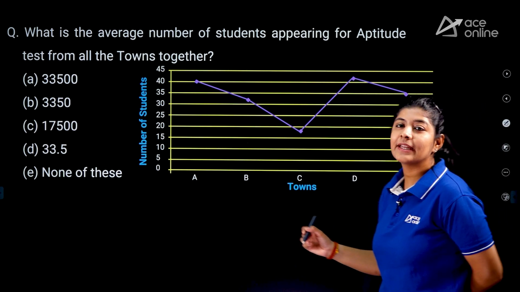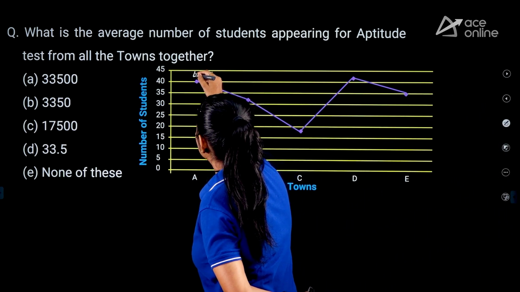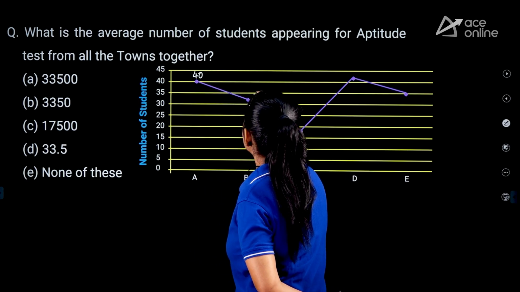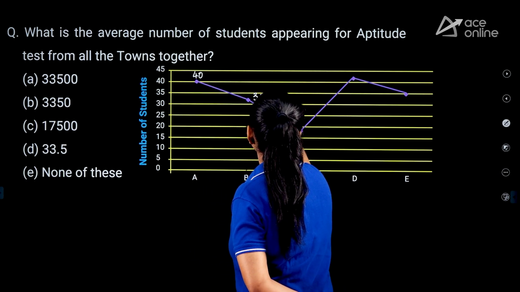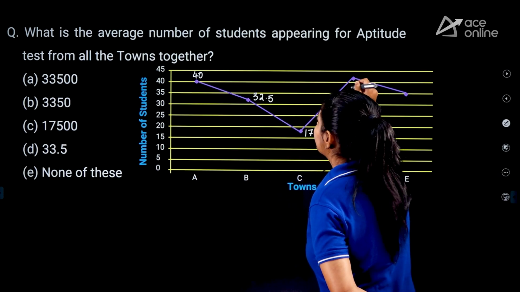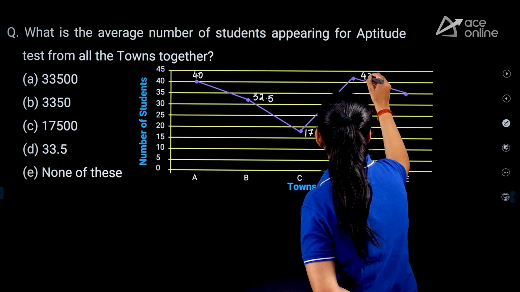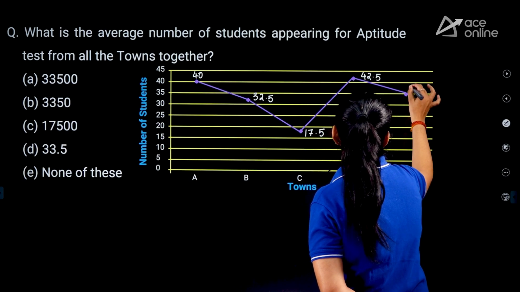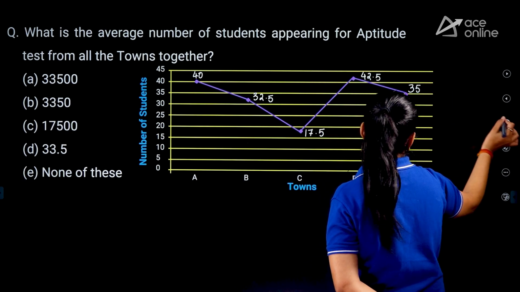Okay, again I am writing all the values over here. So this is 40, this is 32.5, this is 17.5. Here we are having 42.5 and here we are having 35.